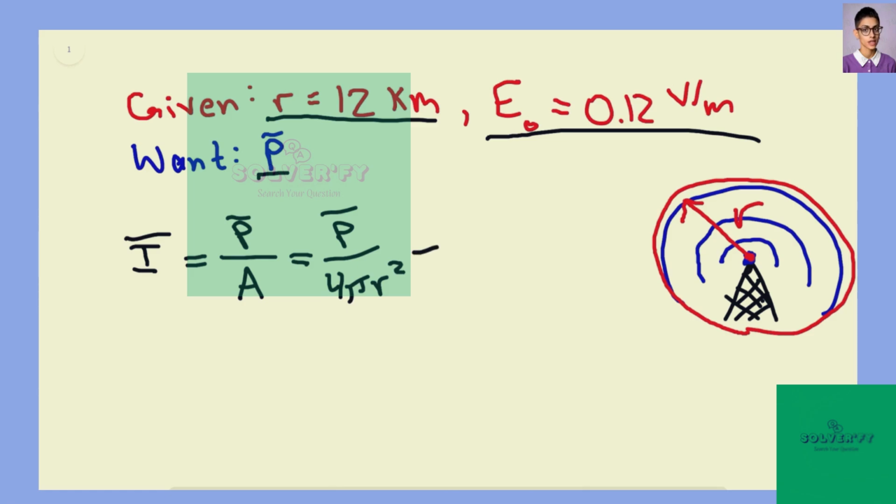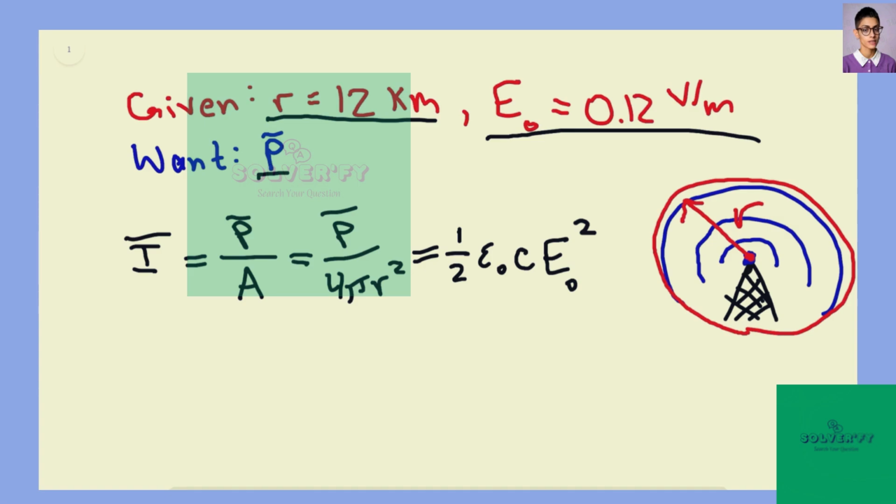And we also know that another way to write intensity in this context is 1/2 epsilon naught, which is vacuum permittivity, speed of light c, times our electric field strength squared.